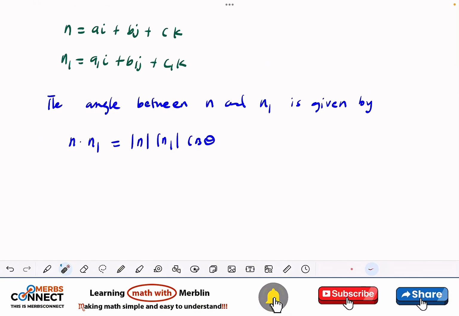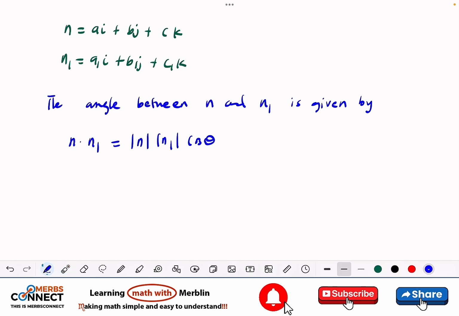So remember when we started dot product, we did something like this, which we were talking about a1, a2 cos theta. So it's the same thing. The only thing here is now we are talking about the normal vectors, and we need to replace the a1 and a2 by the normal vectors that we've learned here. So it's the same process that we are going to go through.